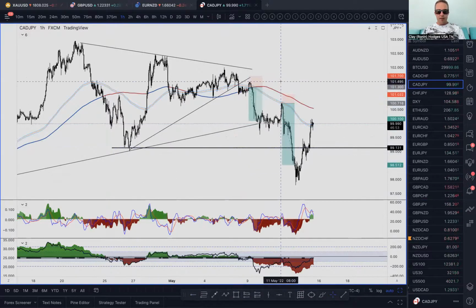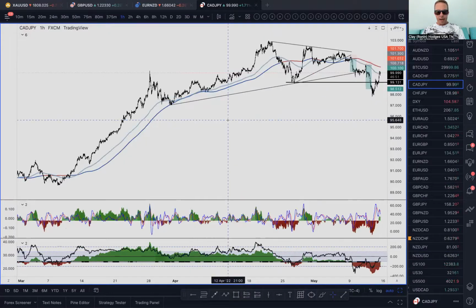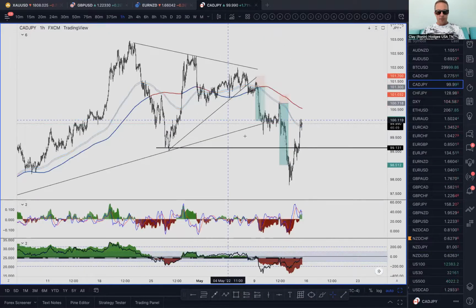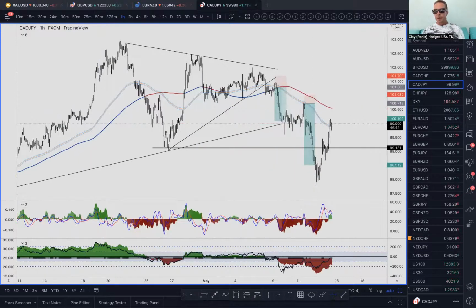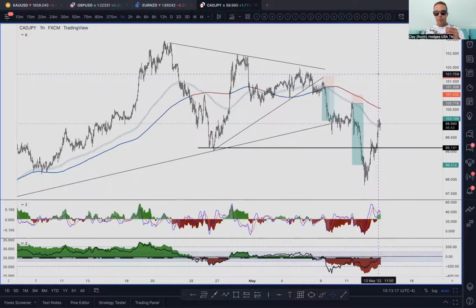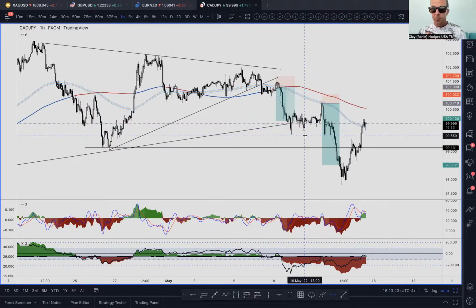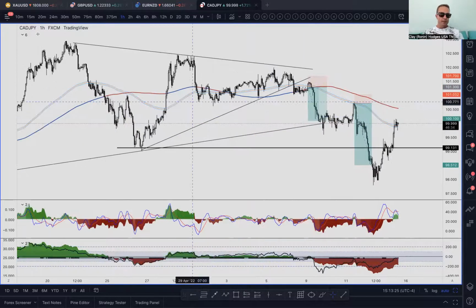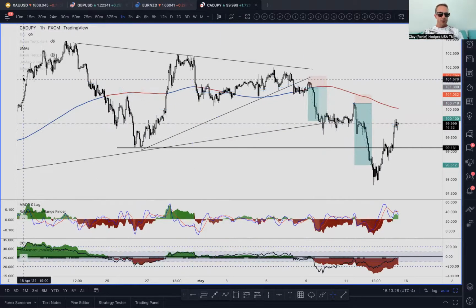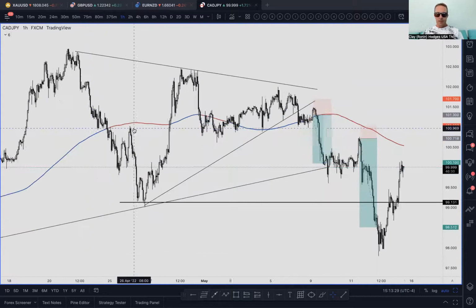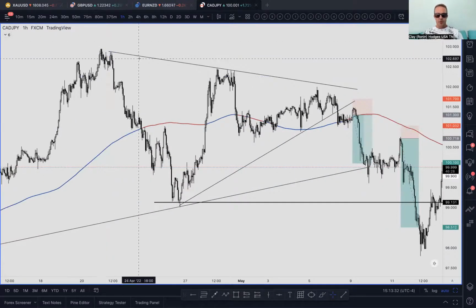Now, I'd highlighted CAD yen a while back because we had broken down, and if you go back a little ways, you can see we'd broken down out of this triangle formation. So this was a previous short that we had on CAD yen. And once we really broke down out of this triangle pattern here, what we did is we identified the price structure, the market structure here, right?